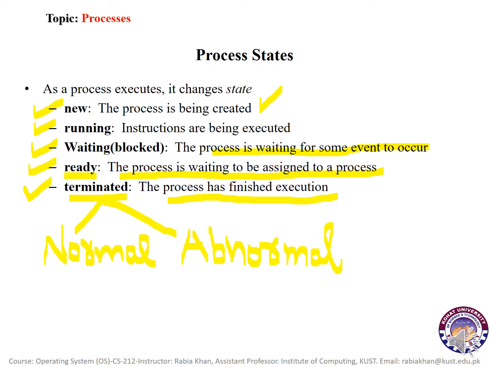So the process which has been terminated in the middle of its execution due to whatever reasons, either it requires resources which are not currently available or it is functioning abnormally, is killed by force. This termination is known as abnormal termination, or we call it abort. So here you abort a process by yourself, or the operating system kills it itself.